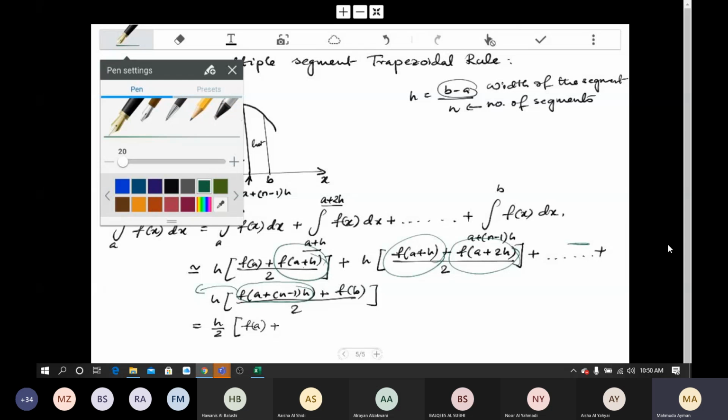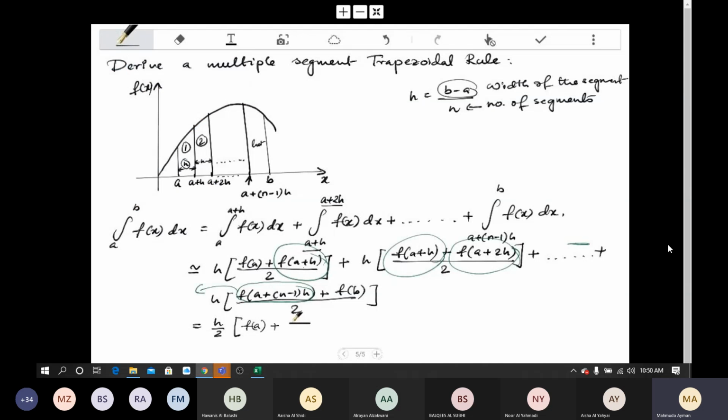So we can write this as follows: every time we have 2 times f of a plus h, plus again 2 times f of a plus 2h, and so on.